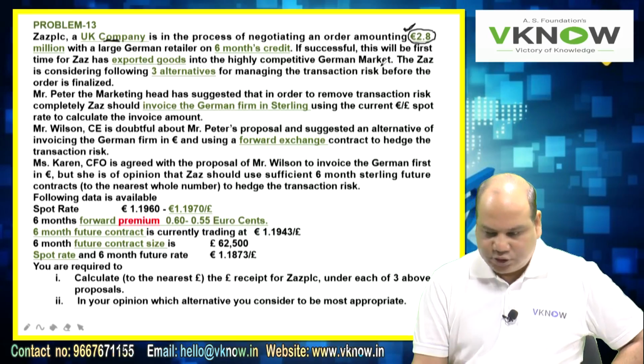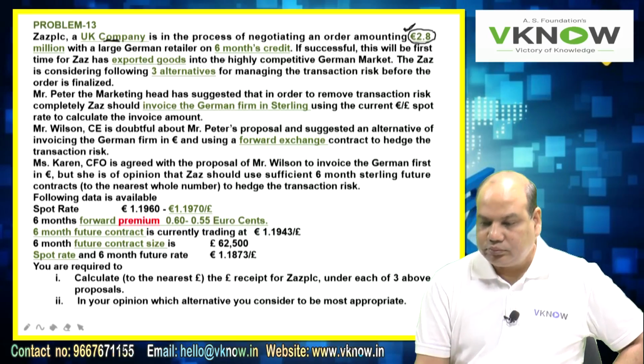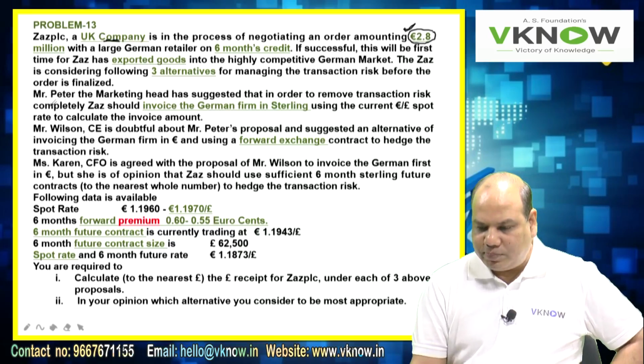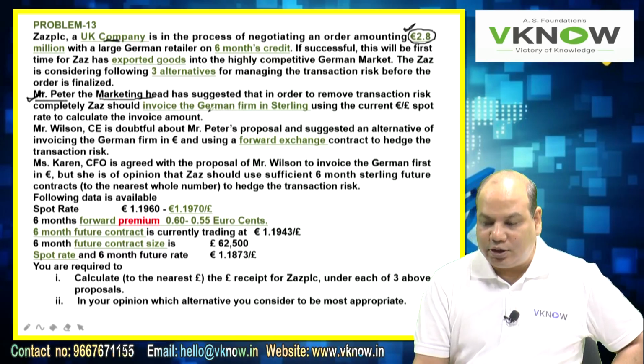This is self practice question 13, mark important. The company is considering the following 3 alternatives for managing the transaction risk before the order is finalized. This is similar to self practice number 1, but drafted in a different manner. Mr. Peter, the marketing head, has suggested that in order to remove the transaction risk completely, the company should invoice the German firm in sterling.